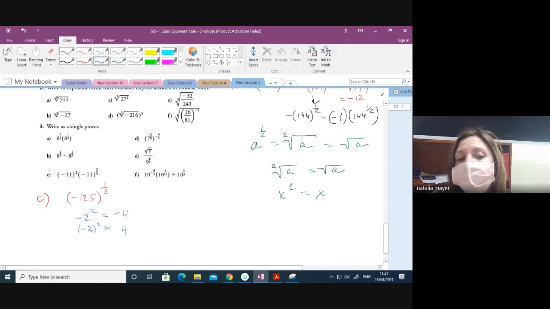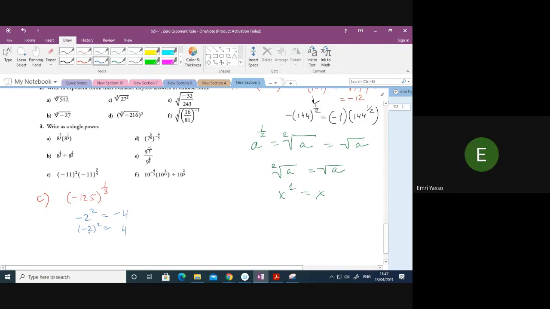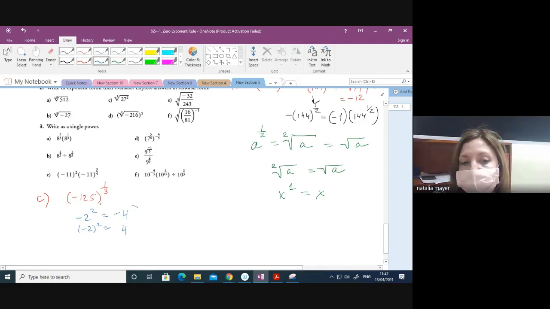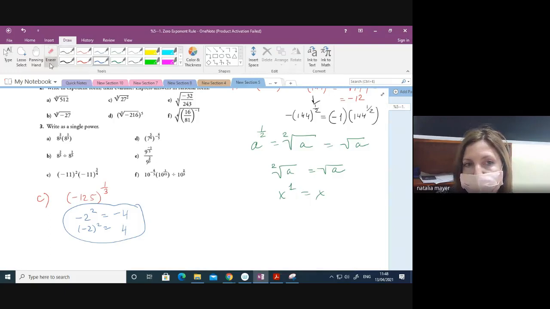We're squaring negative 2 altogether. I'm trying to explain to you the significance of parentheses. If the parentheses are there and the negative is inside, it means that the power applies to it as well. That was my point.